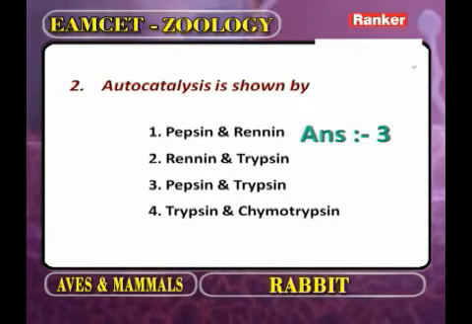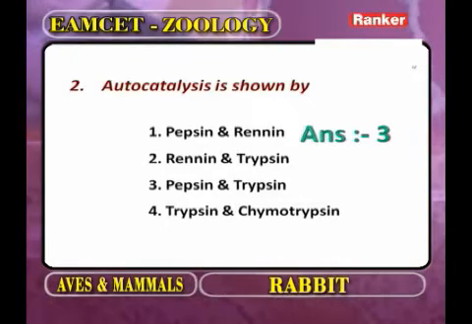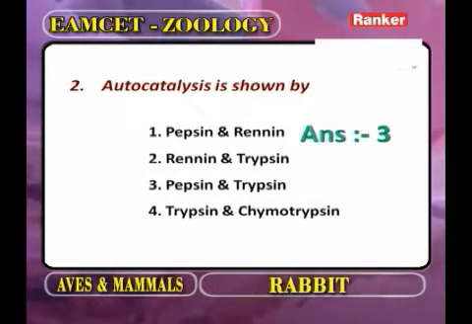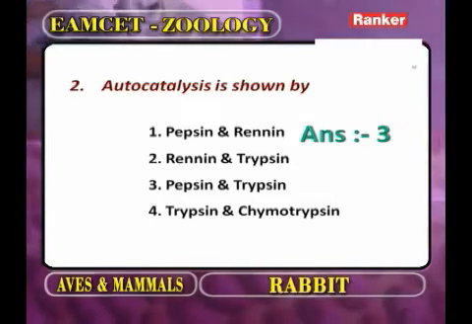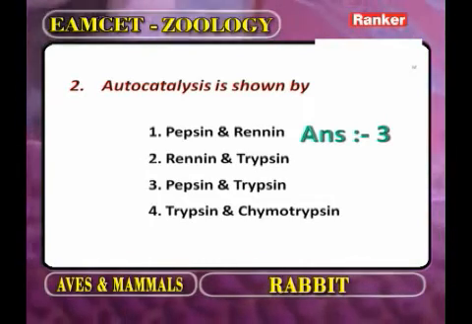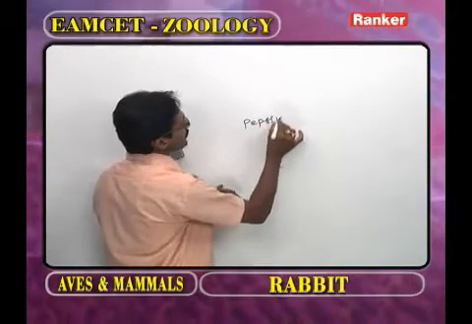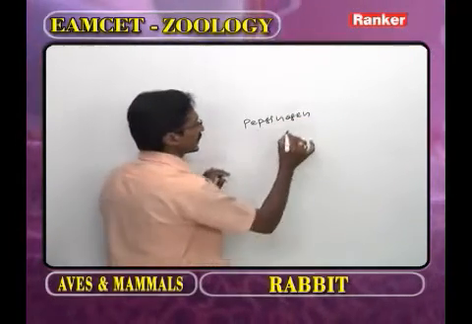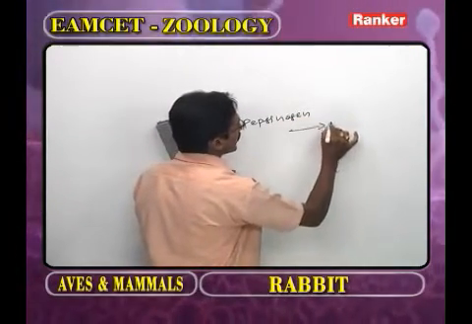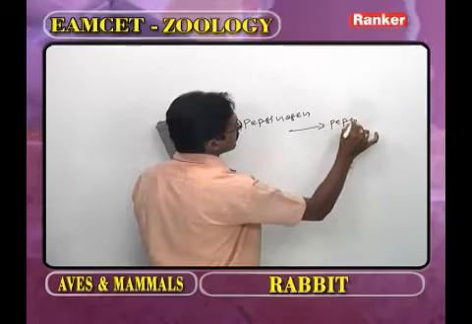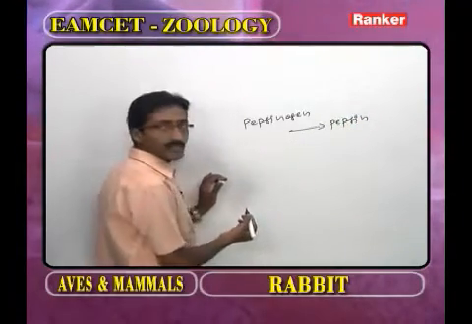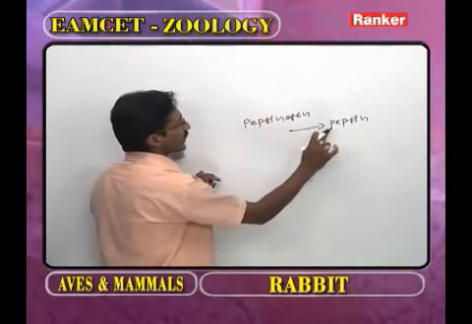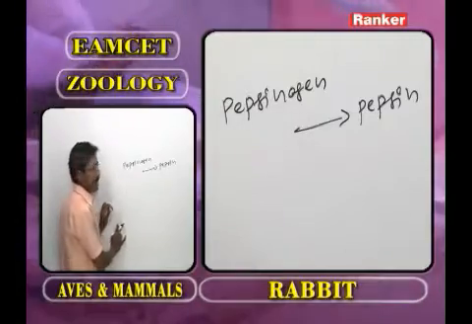Autocatalysis is shown by. Where we have to observe the autocatalysis. Now this one is pepsinogen. It is the inactive form. Pepsinogen is converted into pepsin, the active form. It is a proenzyme, and this is the enzyme.